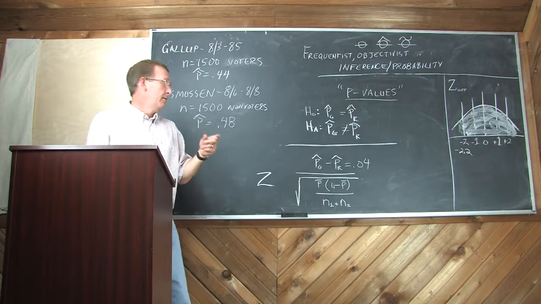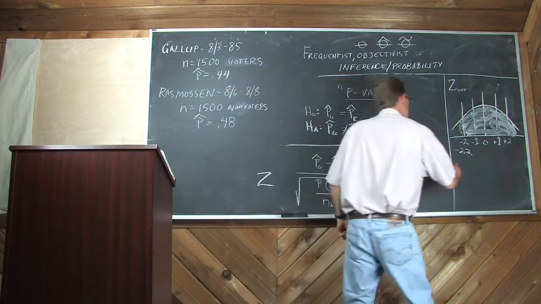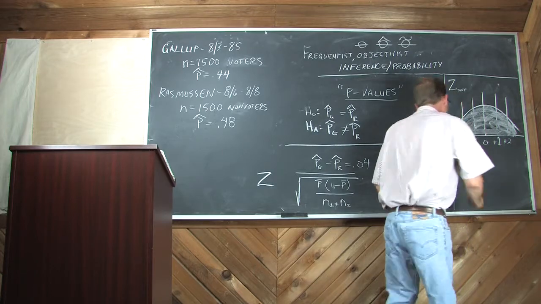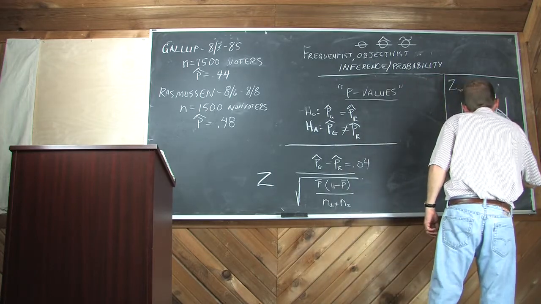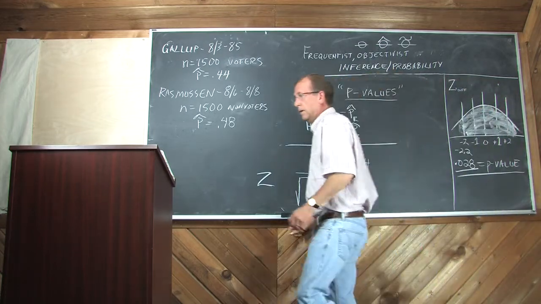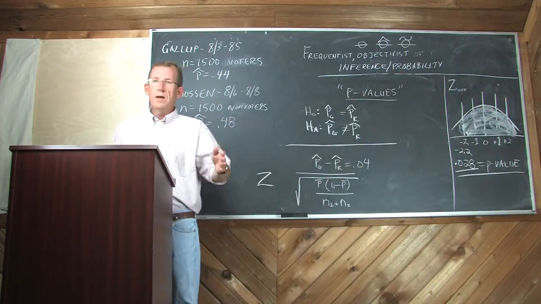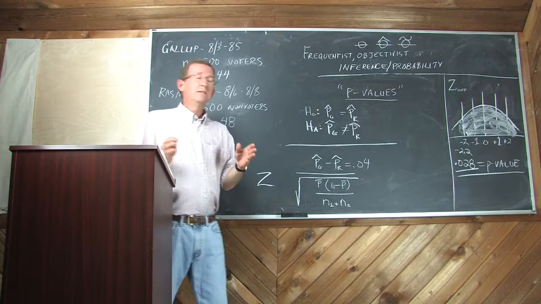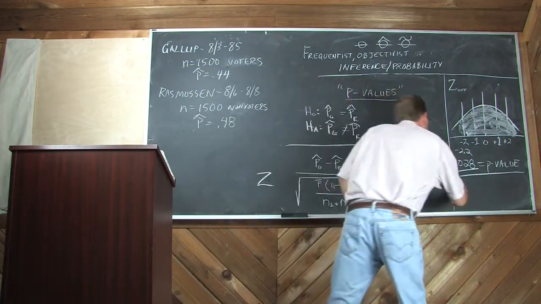And I believe it's 0.028, and 0.028 is underneath the magical, mystical 0.05.